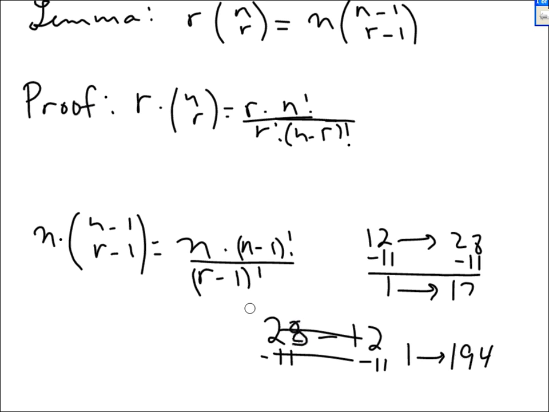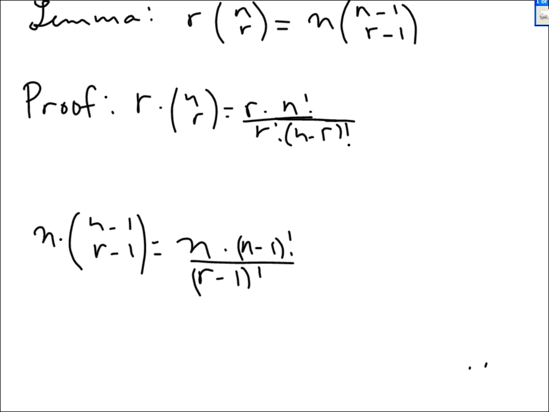Because we need to figure out what n minus 1 minus r minus 1 is. We need to figure out what this number minus that number is. Well, if I add 1 to both of them, the top number is n, and the bottom number is r.